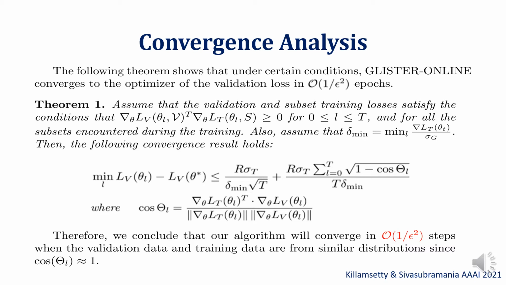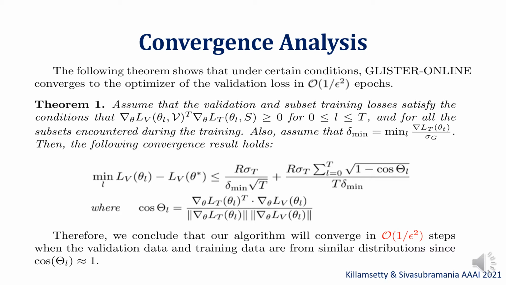And then there's this additional term. Now what is this term? It's basically involving square root of 1 minus cos theta, where cos theta is basically the dot product of the gradients. Now we remember that Taylor approximation chooses a subset that maximizes the dot product between the gradients of the training loss and the validation loss.